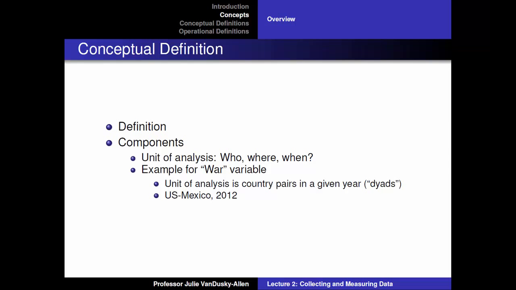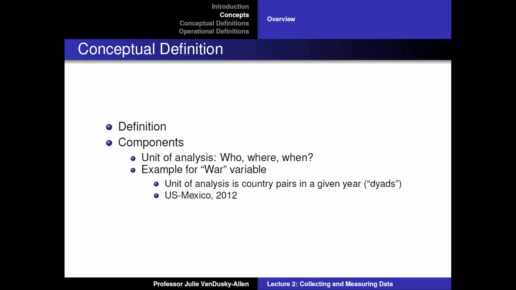In order to measure a concept, we need to develop a more concrete idea about what the concept means. The first step in this process is developing a conceptual definition of the concept. A conceptual definition first includes the unit of analysis. The unit of analysis tells us who the concept applies to. Is it individuals? Is it parties? Is it countries? Or is it pairs of countries?